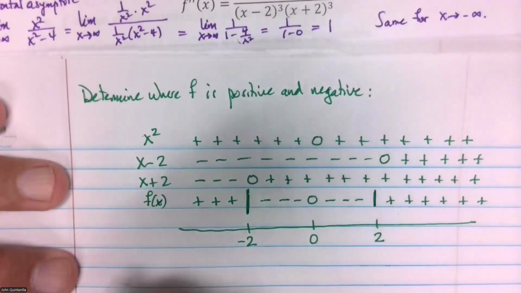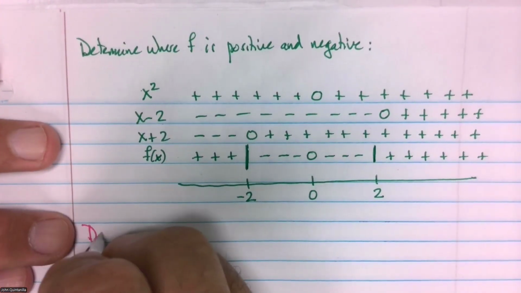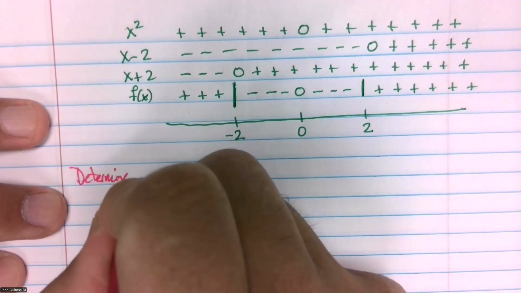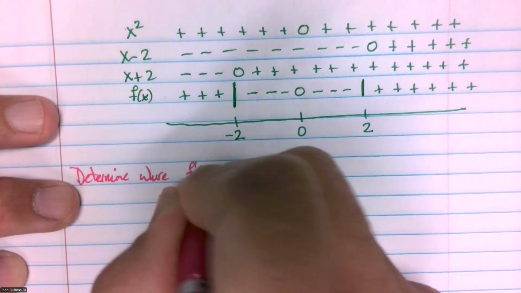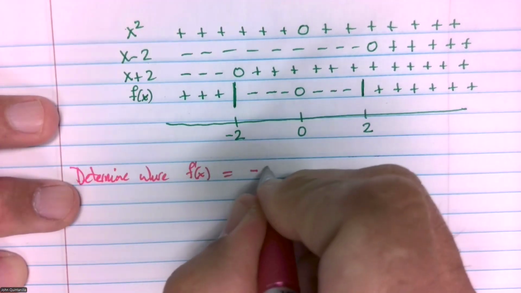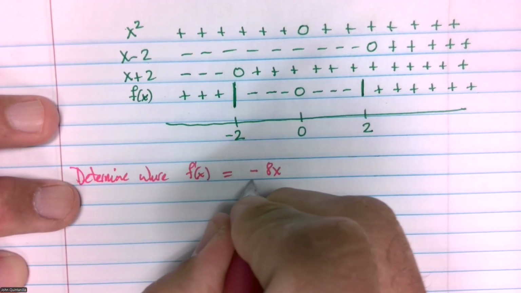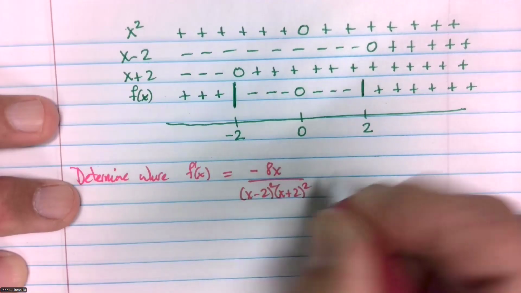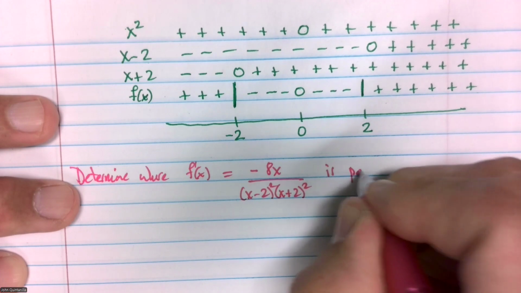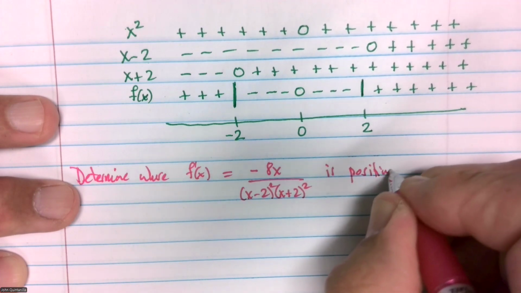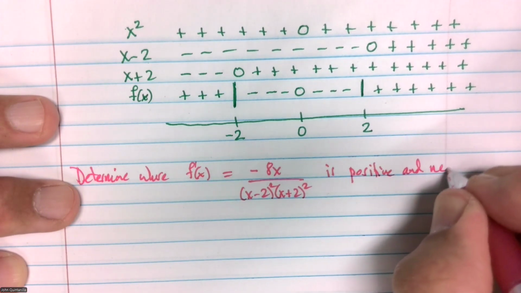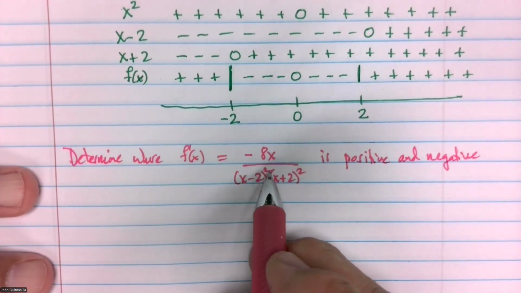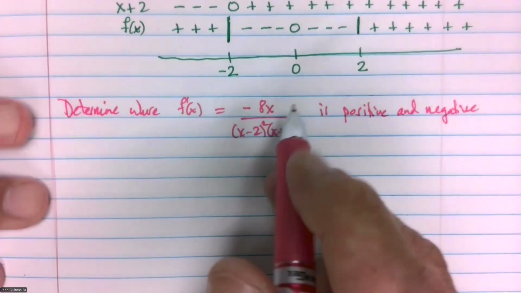Okay, now let's determine where f prime of x is positive and negative. f prime of x is negative 8x over (x minus 2) squared times (x plus 2) squared. In this problem, the derivative was given to us, so there's no need to calculate it. Okay, same kind of logic.